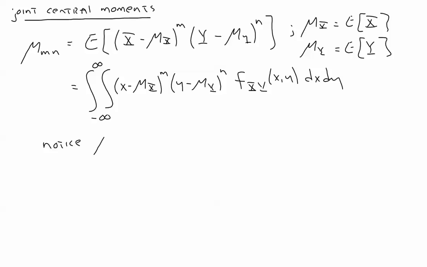First of all, mu 2,0 equals the expected value of x minus mu x squared. And that is simply the variance of x. That's what that is. It's the variance of x.